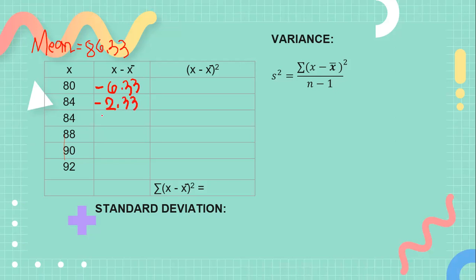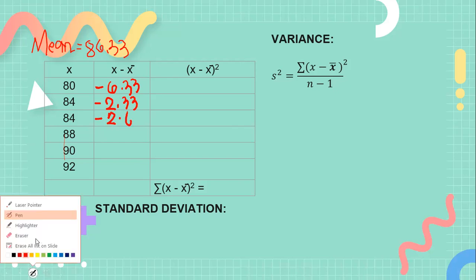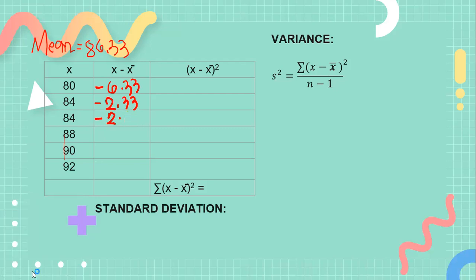Another 84 minus 86.33 is the same. Then 88 minus 86.33 is 1.67. Then 90 minus 86.33 is 3.67. Then 5.67.